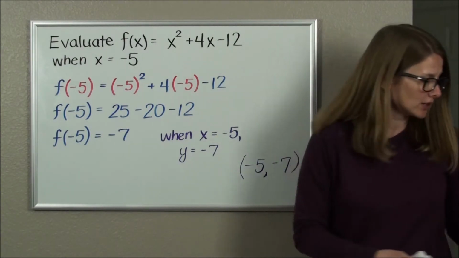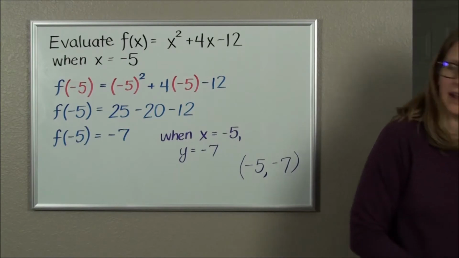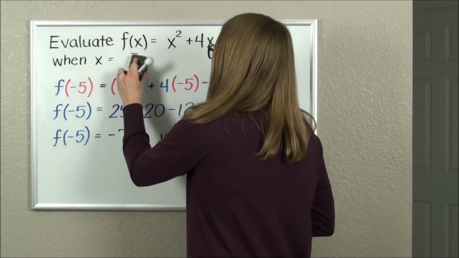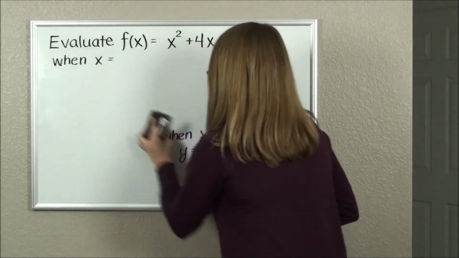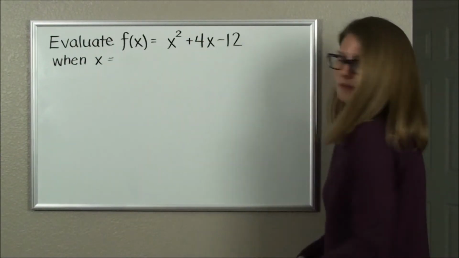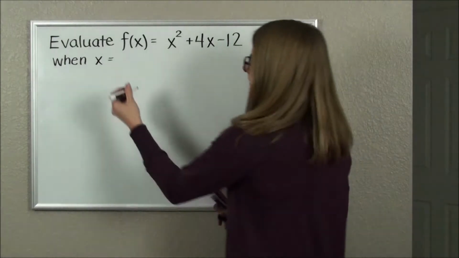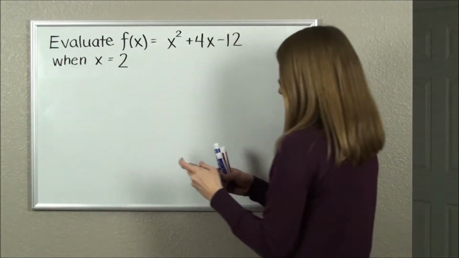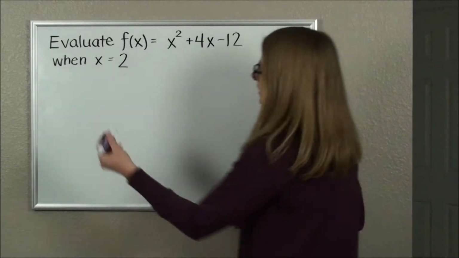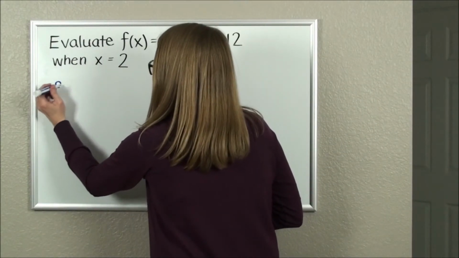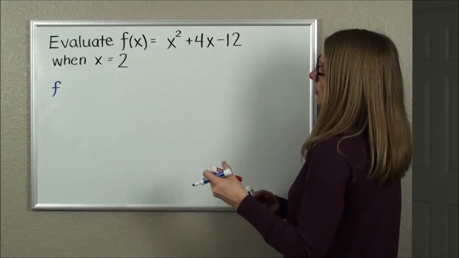Let's use the same function, but this time instead of looking at negative 5, let's look at positive 2 for my x value and see what we get. So again, I want to begin by writing down my function, but where there were x values, I am now going to put 2.